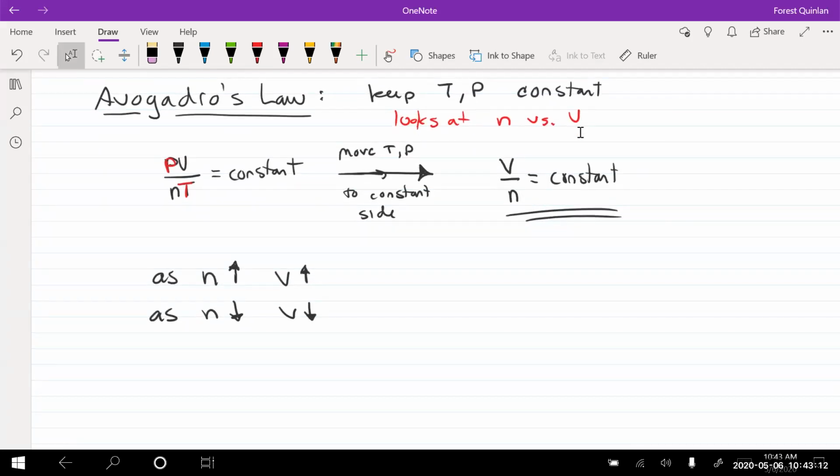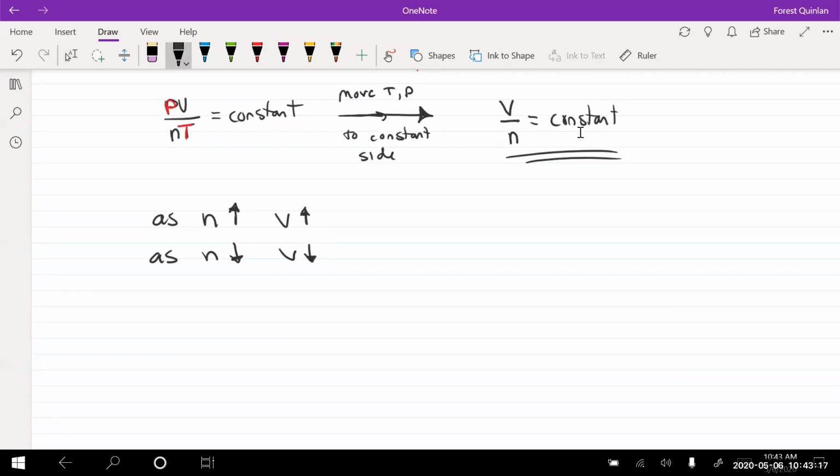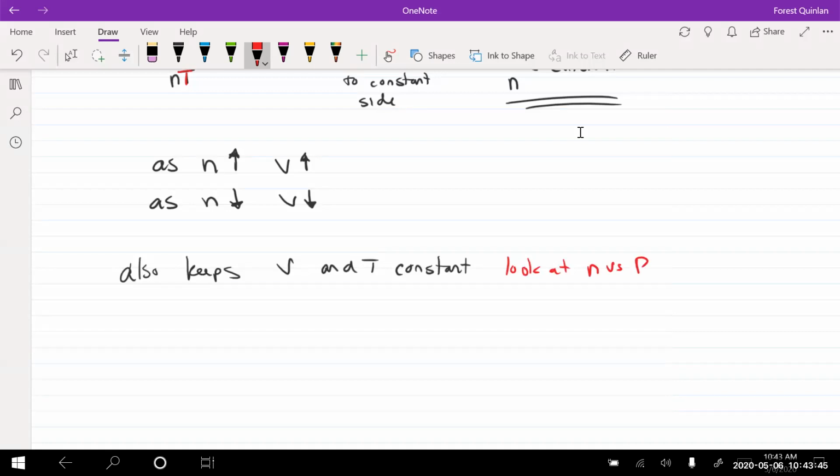Now, Avogadro was not done. He's also going to keep volume and temperature constant. Also keeps V and T constant. He's going to look at number of moles versus the pressure.